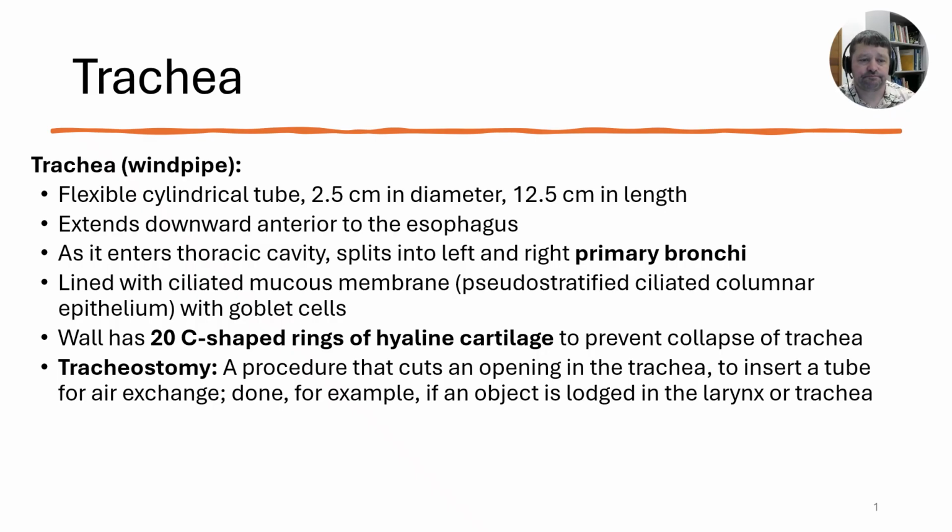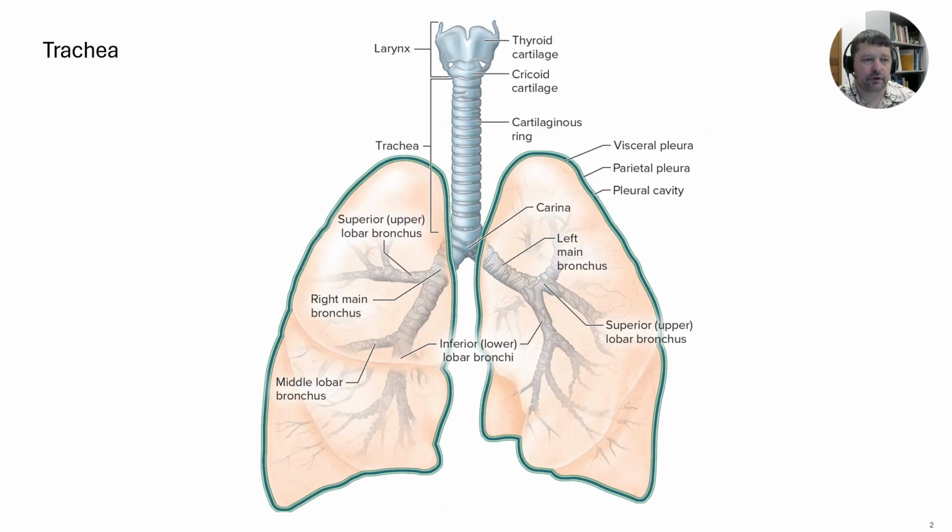And then, and I'll show you a little picture of this, the procedure is to actually cut a hole in the trachea to allow for the air to then travel past that blockage. And this is often seen on movies and shows like that, but it is done. If someone really has a blockage, it's often done from that perspective.